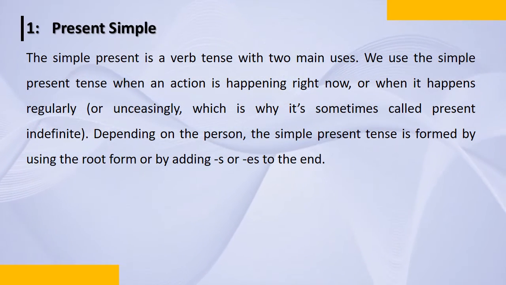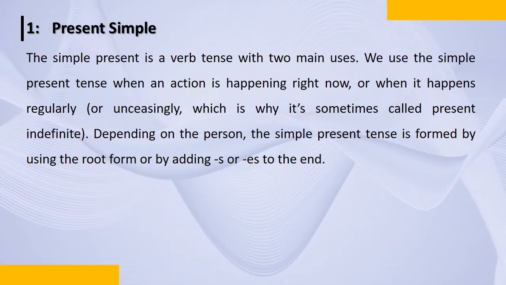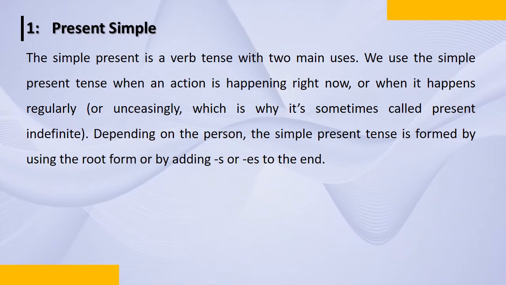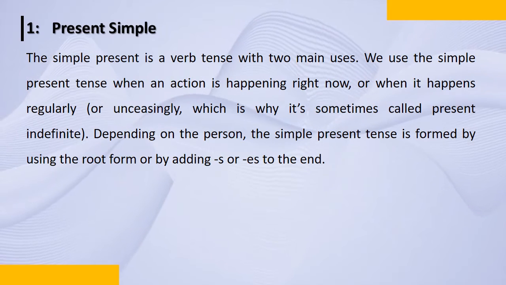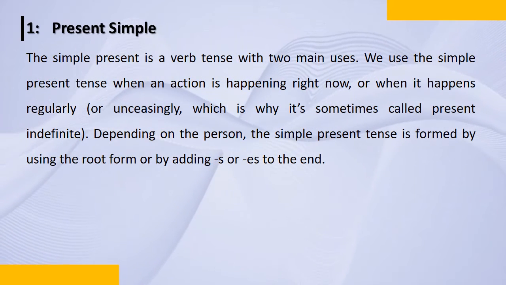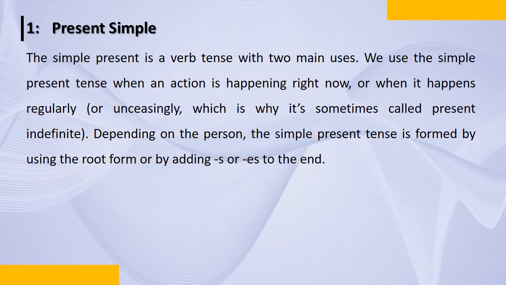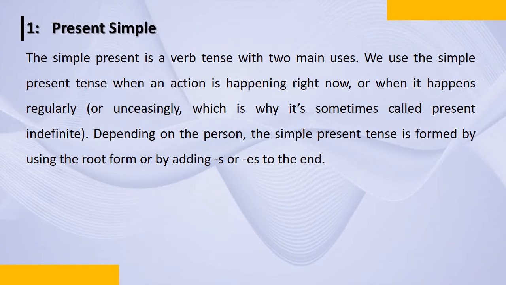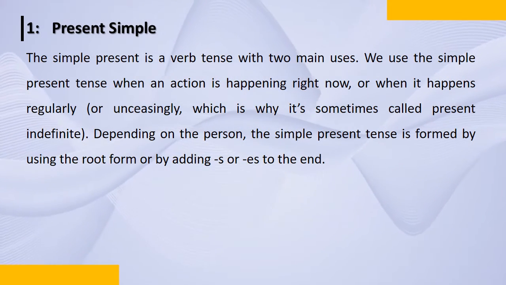We use the simple present tense when an action is happening right now, or when it happens regularly or repeatedly, which is why it's sometimes also called present indefinite. Depending on the person, the simple present tense is formed by using the root form or by adding s or es to the end.